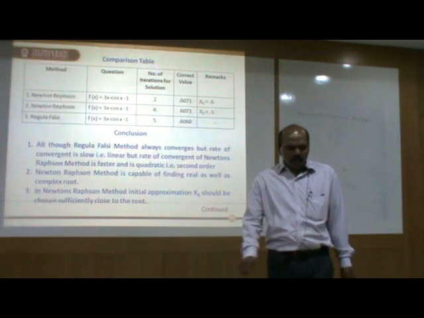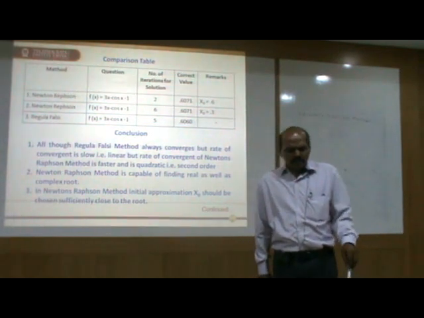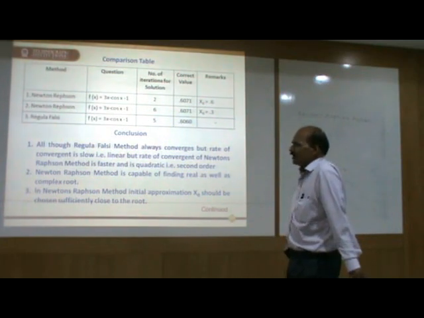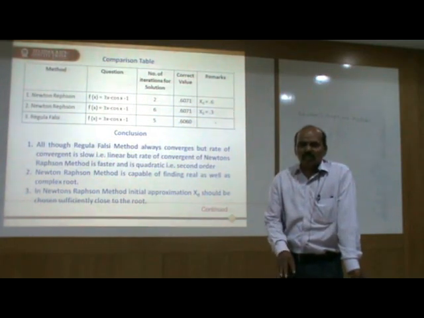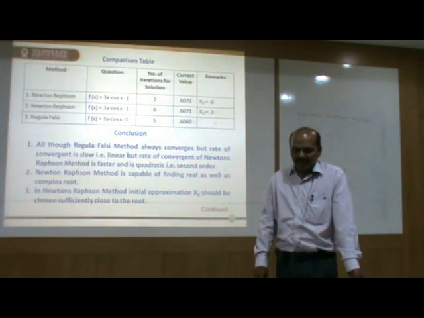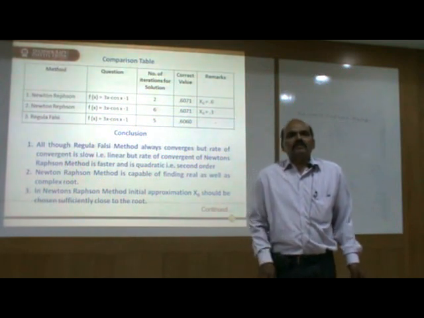There is another important method, the secant method. The rate of convergence of the secant method is 1.62, and this rate of convergence is quite faster than regula falsi method. But the secant method has a drawback that it may not always converge.